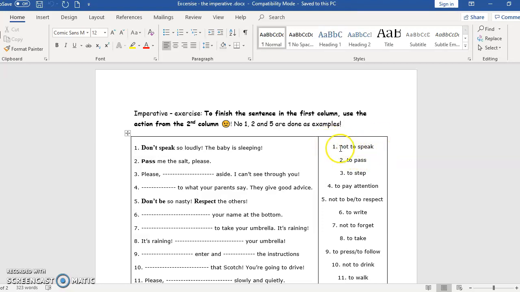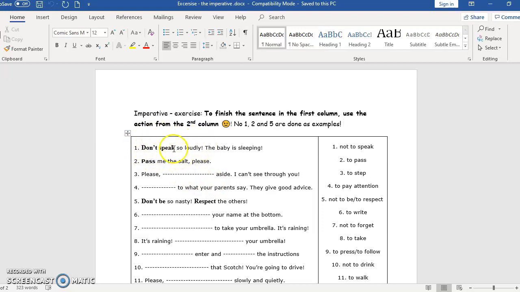Now remember, if it is a negative, you need do to make the negative. Like very often, you need do to make a question. So the first two sentences and the fifth one, because there are two parts here, I did for you as examples, and you just do the rest.